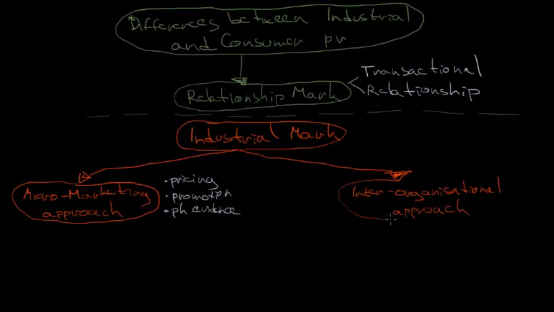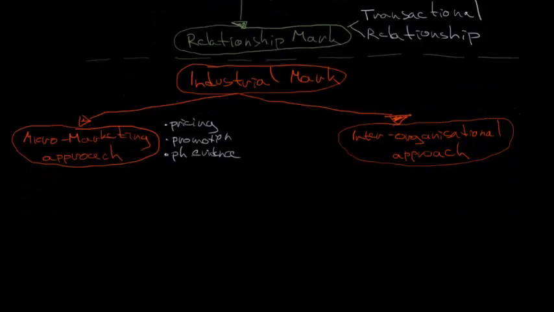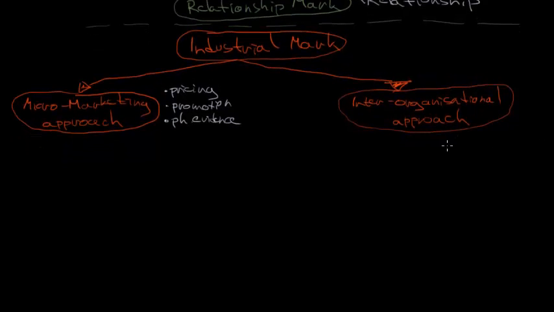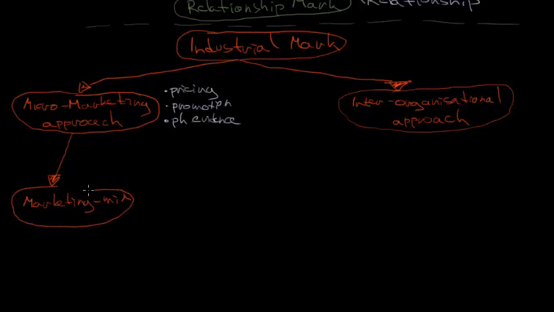And maybe now it will get a little bit confusing, because the micro-marketing approach is going to be again divided into two different sub-approaches. And the first one is going to be the marketing mix approach.